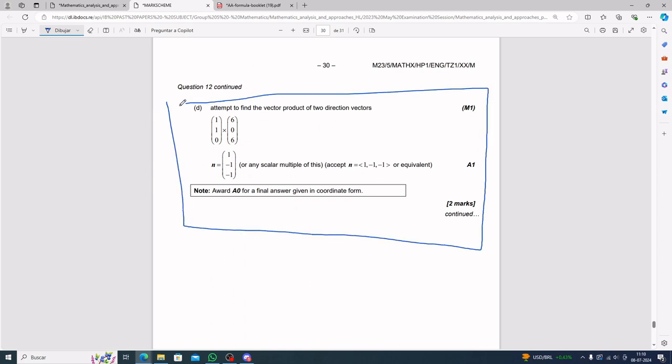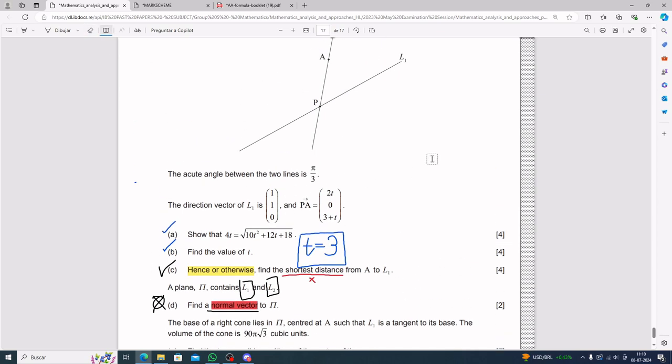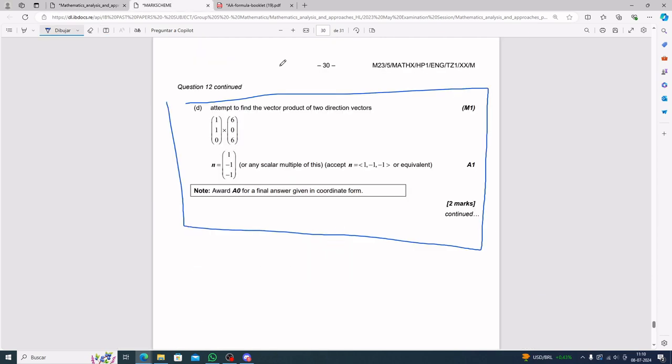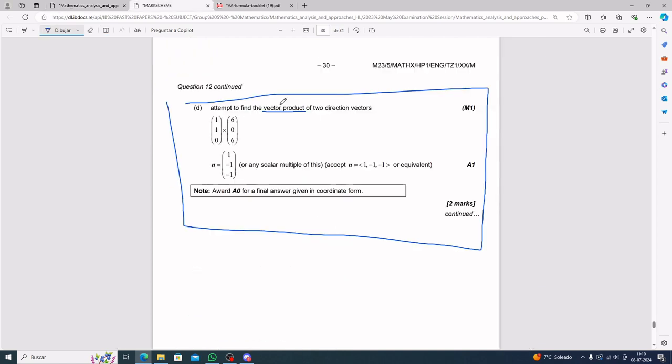This is the kind of thing that you just have to know: for finding a normal vector to a plane, you need to find the vector product of two direction vectors.